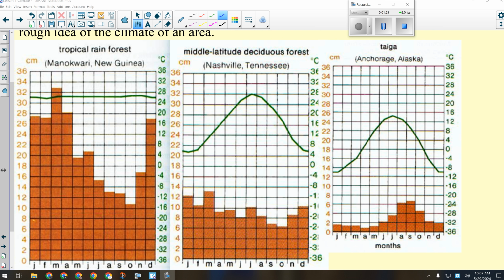If the amount and intensity of light doesn't change, then your temperature's not going to change. But if you get further away from the equator, you start to see a curve in the temperature because you start getting seasons. The effect of the Earth being tilted 23.5 degrees means that your amount and intensity of light is going to change throughout the course of the year.